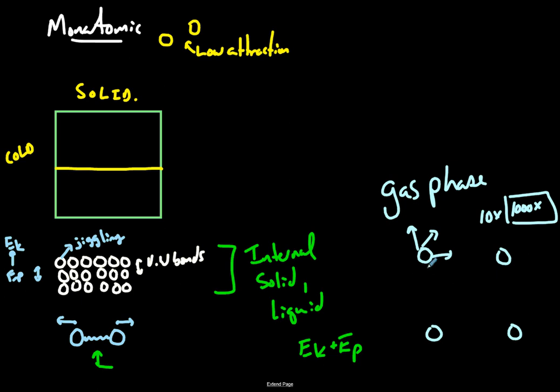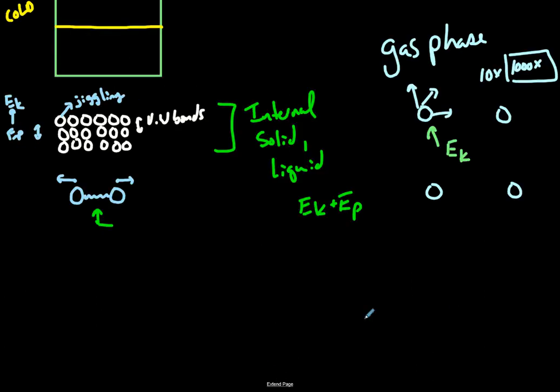So now all the energy in the gas, the internal energy, is all in the form of EK, kinetic energy. So internal energy of a gas, since there's no more potential energy, is all equal to the EK.